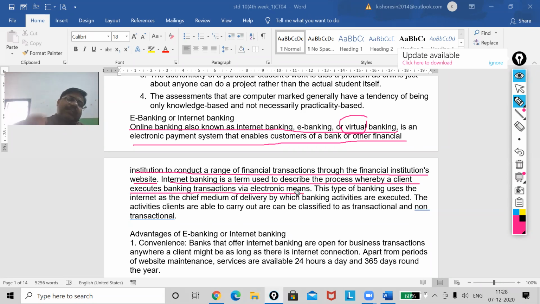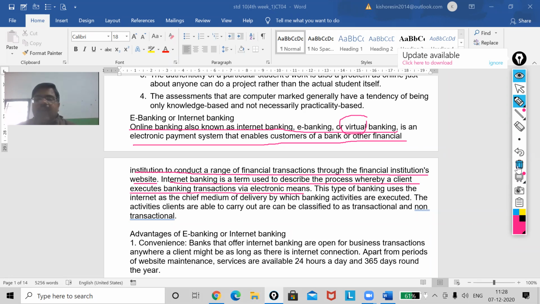That means being at home, he can do fund transfer, e-payment, e-billing. Understood? He can also do recharges, either DTH or mobile, whatever it is. All the facilities they can get, and it is a 24 by 7 facility.